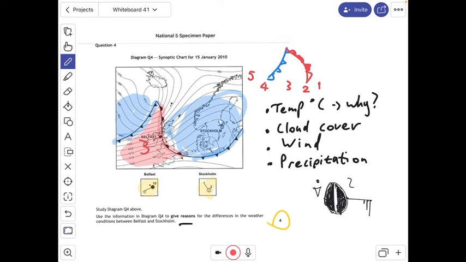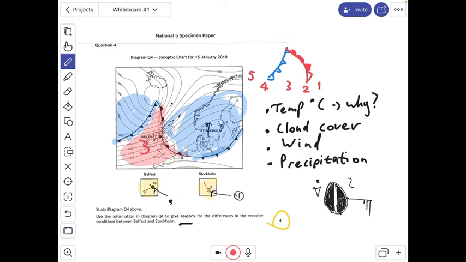Cloud cover. Belfast is experiencing 8 octas of cloud cover. You can see because it's a fully blacked out circle. Stockholm is only experiencing 1 octa because it's just a line through it. This is because Belfast is in a depression and just had a warm front pass over, whereas Stockholm is experiencing high pressure, right?